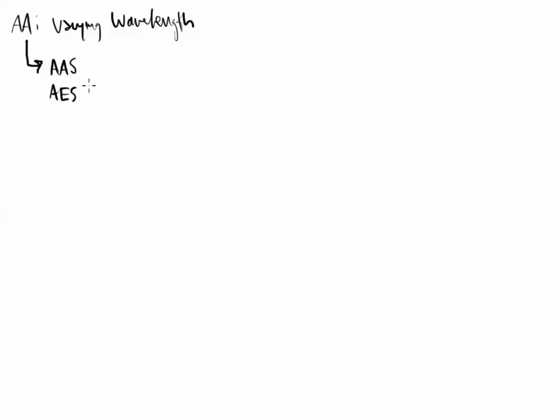Out of the two, AAS is used the most often. The reason is because a lot of times it's more sensitive than the emission spectrum. The emission spectrum is really only used for the alkali and alkaline earth metals, and then everything else is traditionally the absorbance methods that we see.